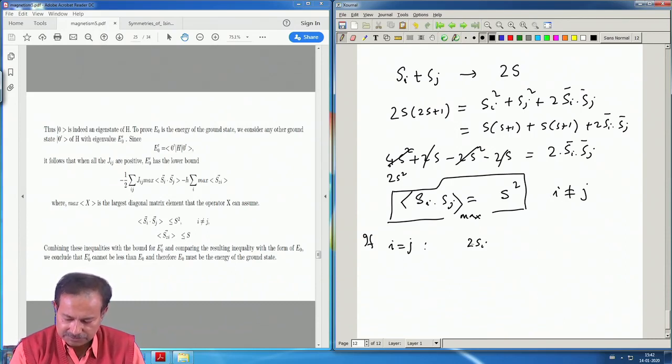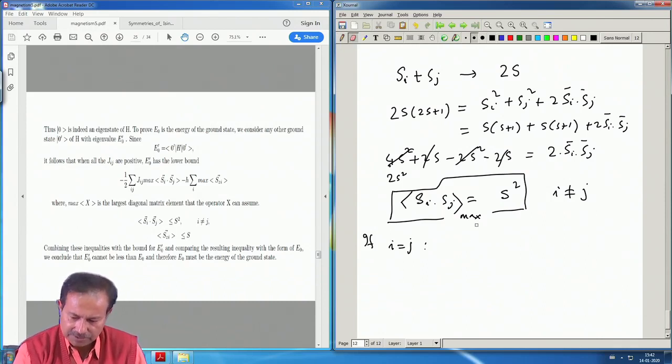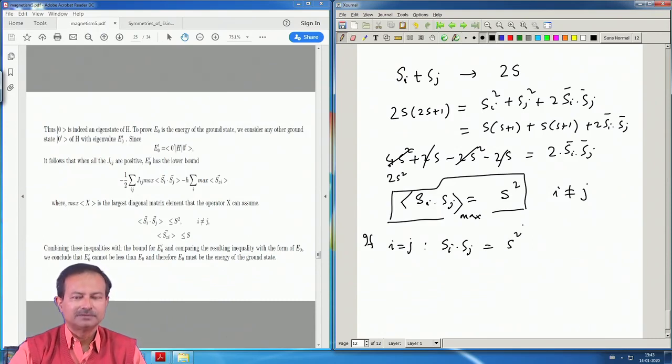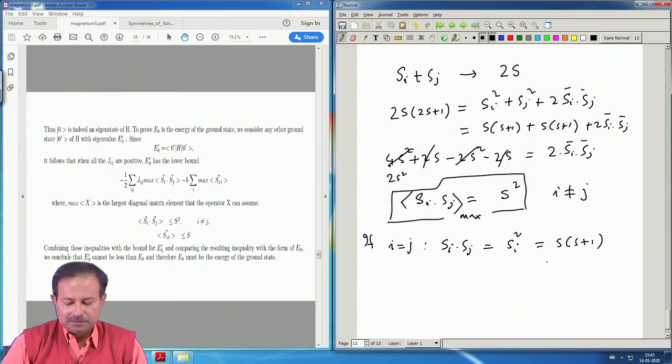Let me write it down again. If i equals j, then Si dot Sj is Si square, and that is equal to S into S plus 1. But that is not the situation we have.